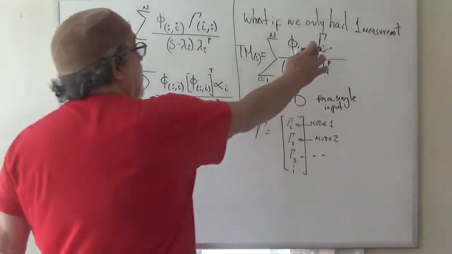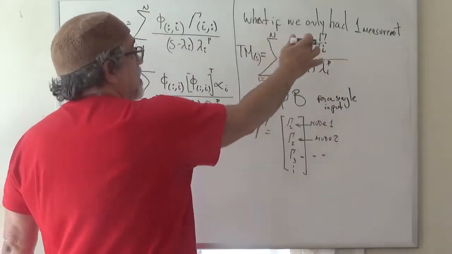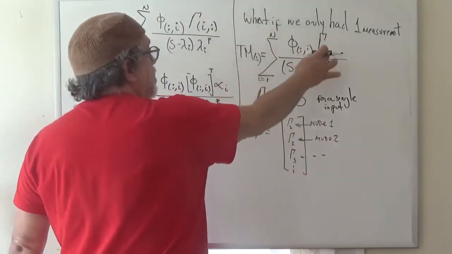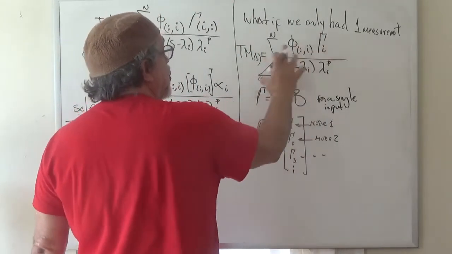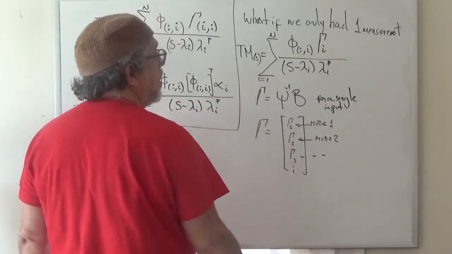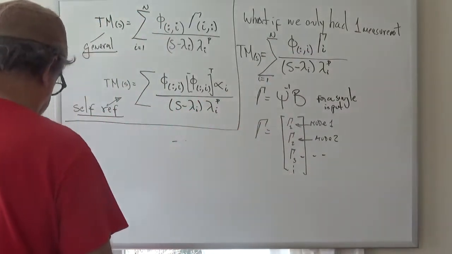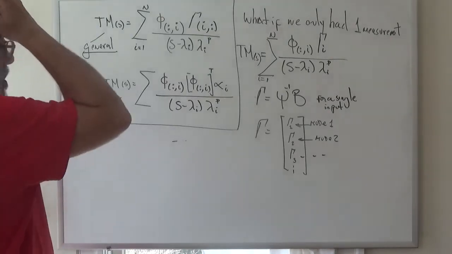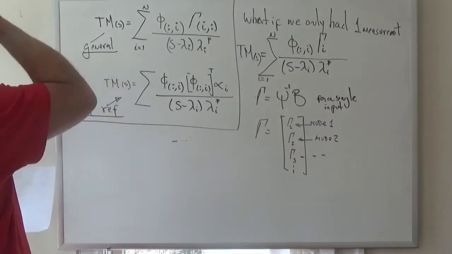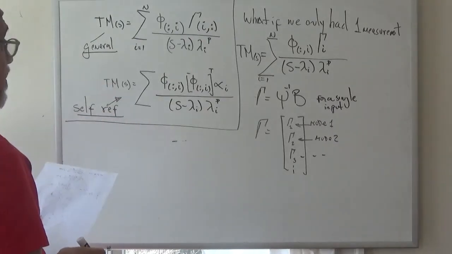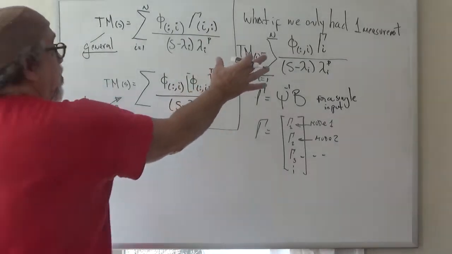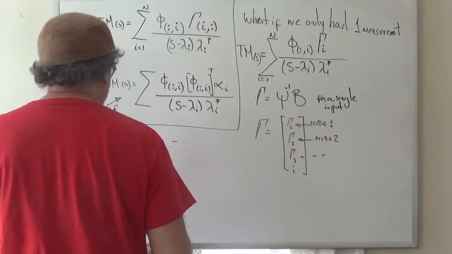Where this thing that used to be a row vector becomes one column like this, and each term of the series is just being picked up one at a time, right? Okay, so let's see if we have this expression evaluated.